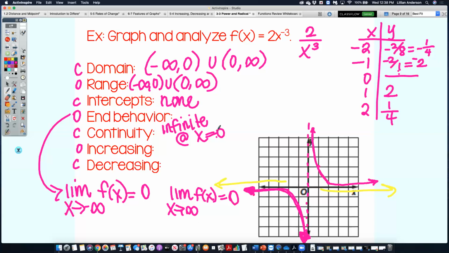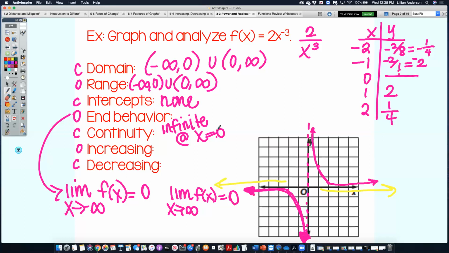Miss Anderson, I still don't understand the continuity. Okay. So remember, continuity is basically points where the function's not continuous. If we're tracing over a graph and we have to pick up our pencil to continue to trace the rest of the graph, then we have some type of discontinuity.